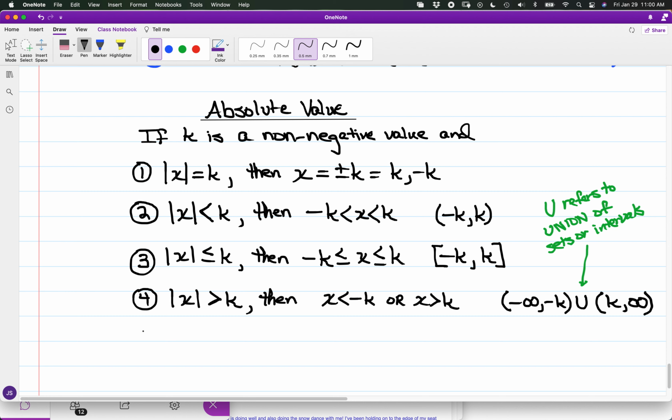And then we have the remaining possible case for the absolute value of x. If this is greater than or equal to k, you'll have the same kind of directional dynamic. So x is less than or equal to negative k, or x is greater than or equal to k.